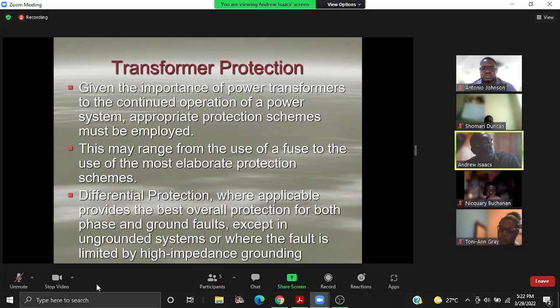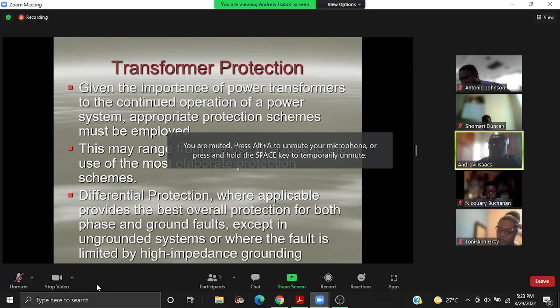Although you're having the fault current passing through the transformer and not tripping the differential system, you also have to take into consideration the impact that high current is going to have on the transformer itself. So can the transformer handle the fault current? If it can't, we have to find a way to protect it. So in addition to differential, we also have overcurrent protection for your transformer.